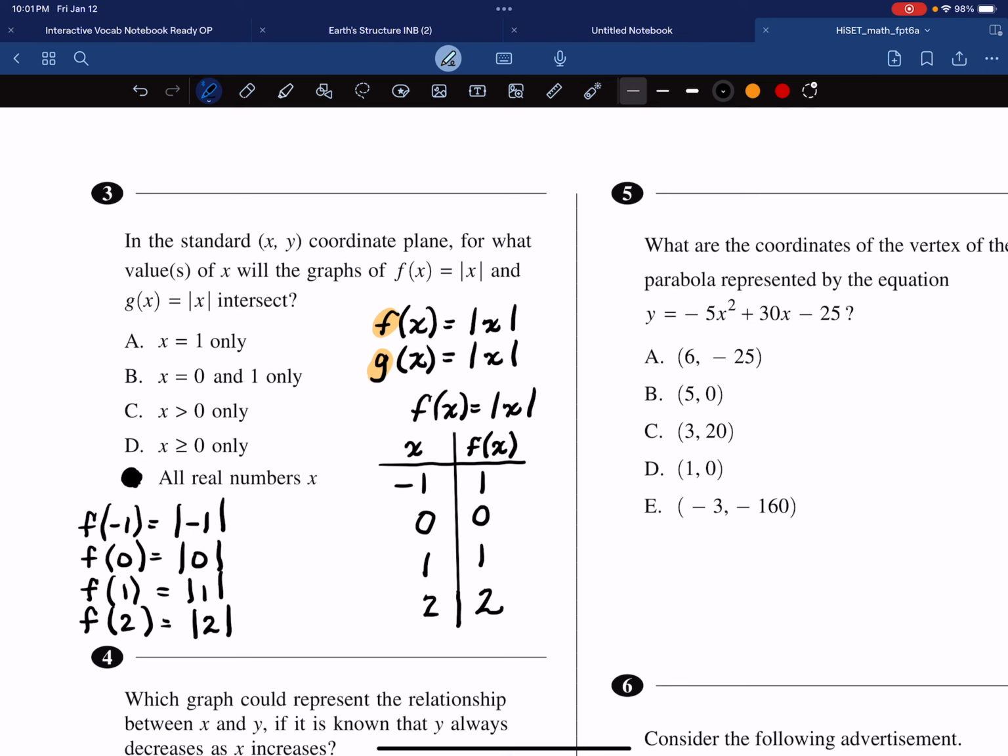These functions would intersect for any value of x, any real value of x, because they're the same function. If the functions were different, we would have a little bit of a different situation to consider. But they're the same function in terms of the output value. You're taking the absolute value of x in both situations.